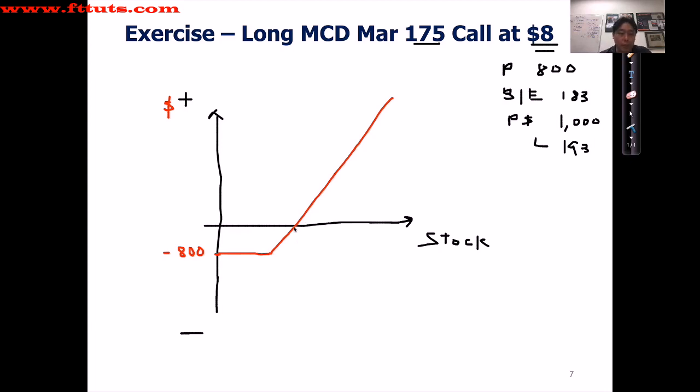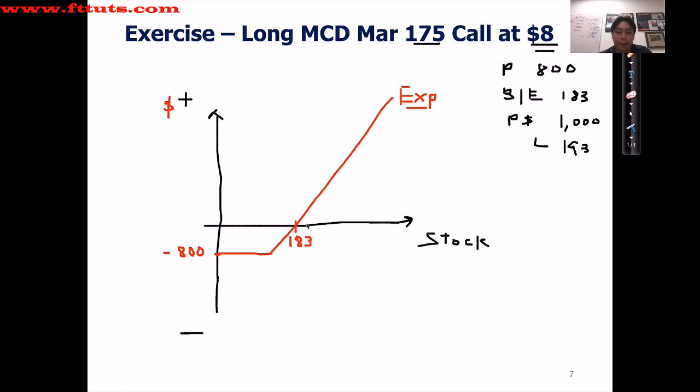So the question would be, what would this break-even price be? And again, this line that we see is the profit and loss graph at expiration, okay? At expiration, when there's no more intrinsic value left. So our break-even price we calculated was 183 over here. That's right, 183. There we go.